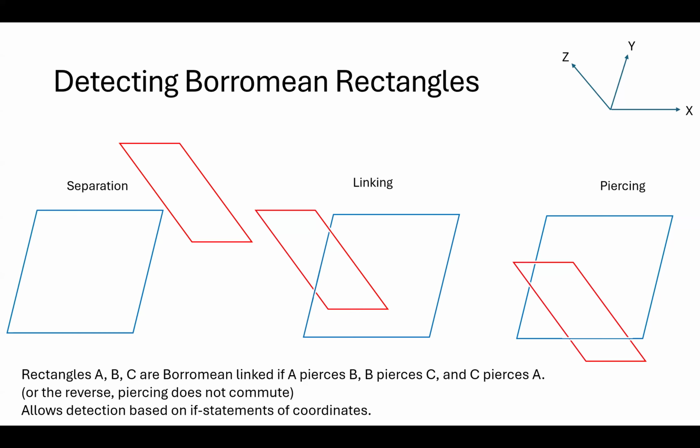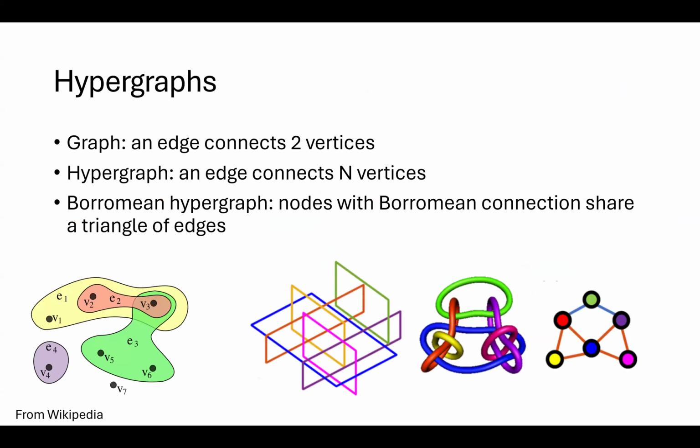And this allows us to calculate or detect Borromean links in random rectangles just by looking at the coordinates of each corner.